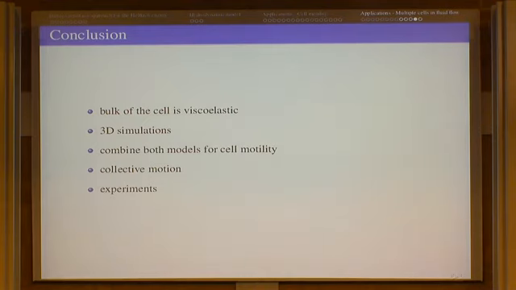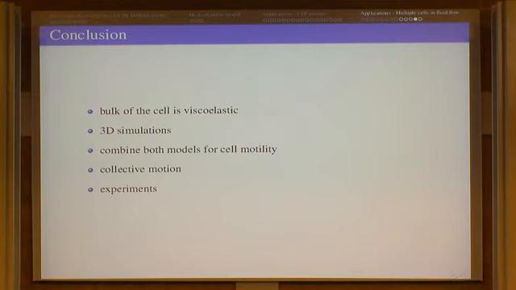Okay, and for the conclusion: you've seen the approach where the cell interior is viscous, which is a bit simple. There are different approaches. For example, if the bulk is viscoelastic, what can we say about cell shapes? Sebastian is working on this topic right now.